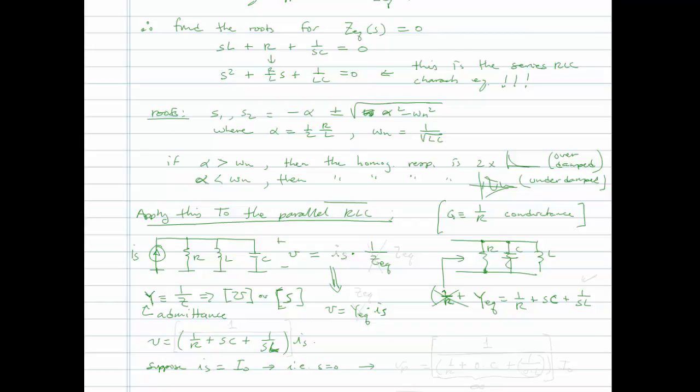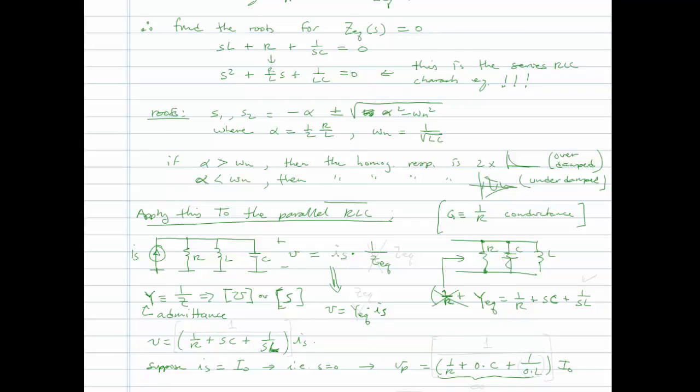This leads to a particular response of voltage as being 1 over R plus 0 times C plus 1 over 0 times L, times this current I_S, right? Now what happens?